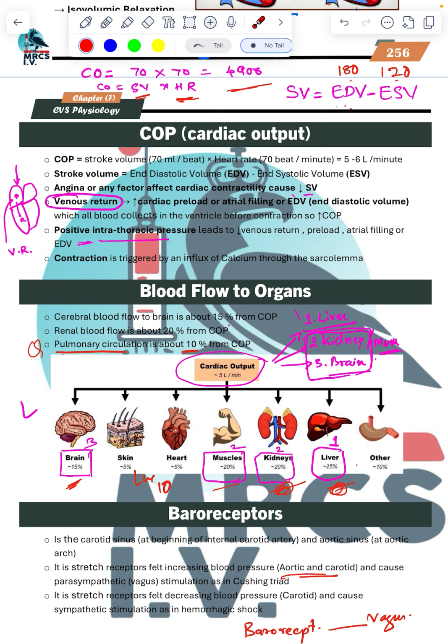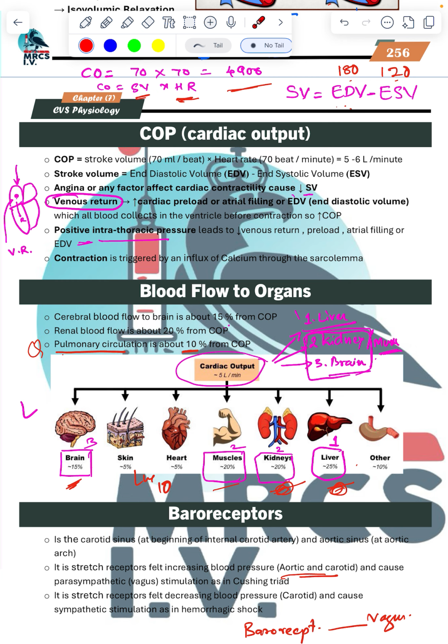Whenever a heart problem is there, the stroke volume changes. If venous return increases, cardiac preload, or atrial filling, or interstitial volume, which is all the blood that collects in the ventricle before contraction, increases, then cardiac output increases. If end diastolic volume is increased, that will increase cardiac output.